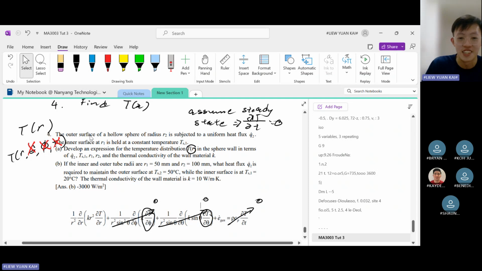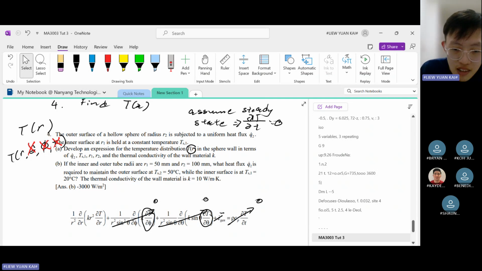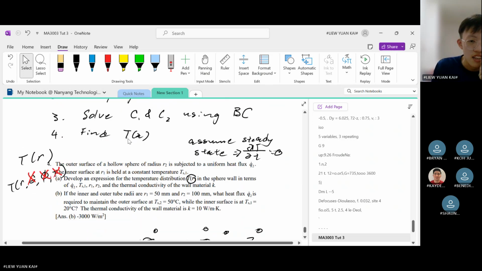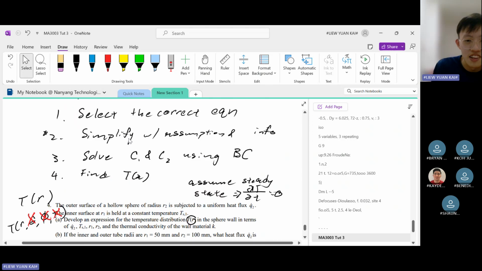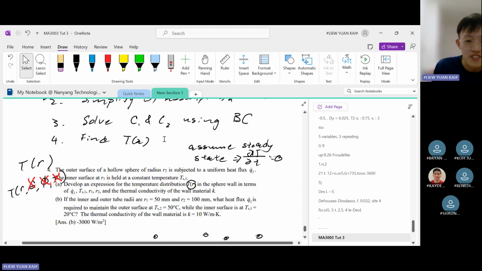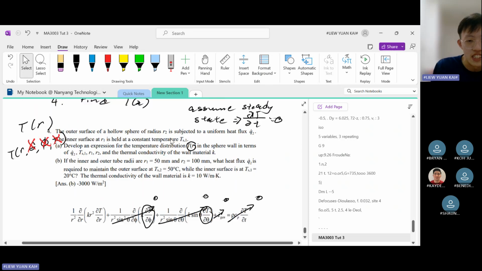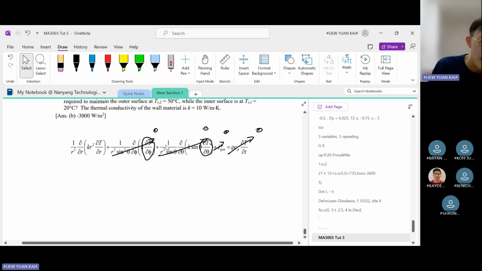No. So we just assume there's no heat generated. So this also becomes 0. So this is part of our simplification. In fact, I think this is simplified enough, simplified within the assumptions and information. Okay. So now let's just write down what's left.